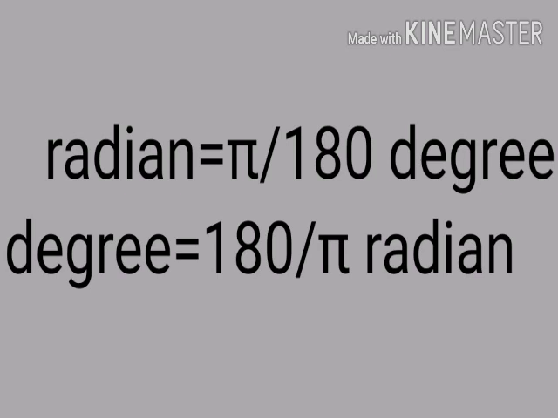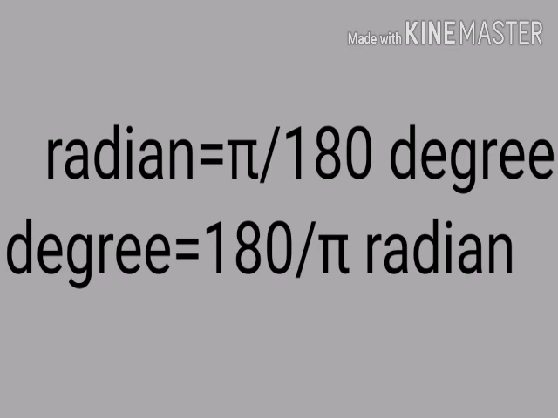To convert degree into radian, multiply the given degree measure with pi by 180. And to convert radian measure into degree measure, multiply the given radian measure with 180 by pi.